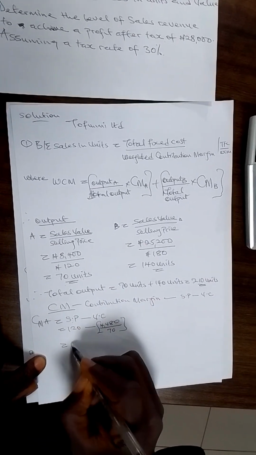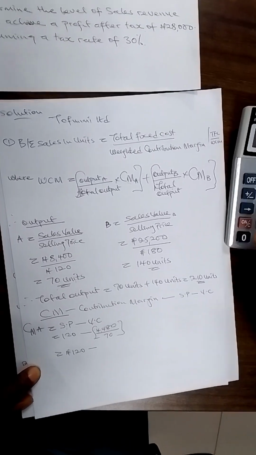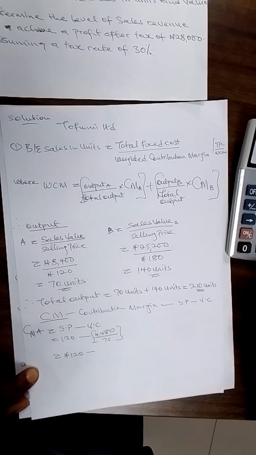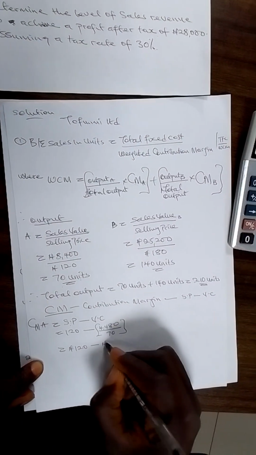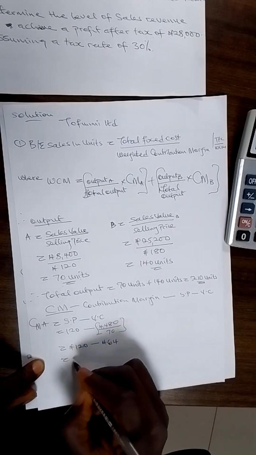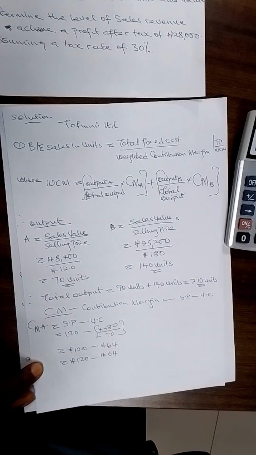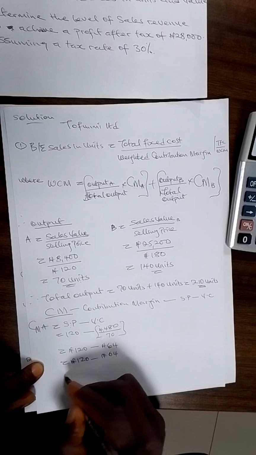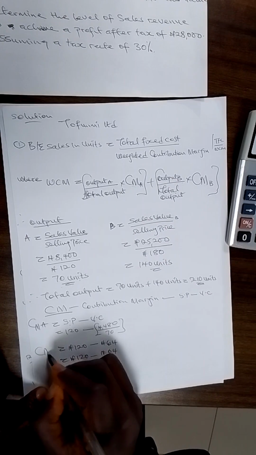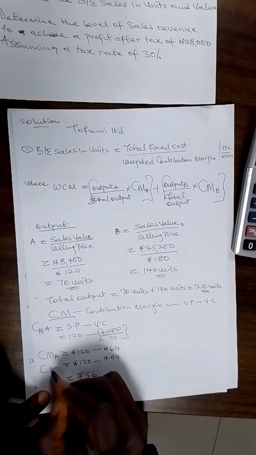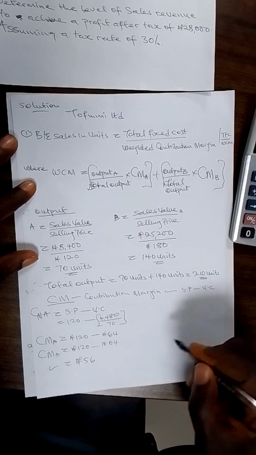So what do we have? 120 naira minus 64 naira. That gives 56 naira. So 56 naira is the contribution margin for A.